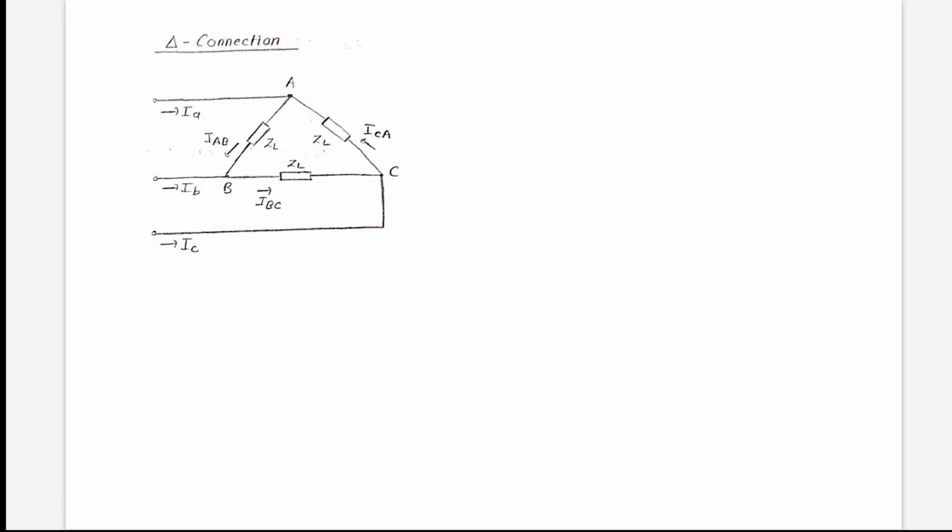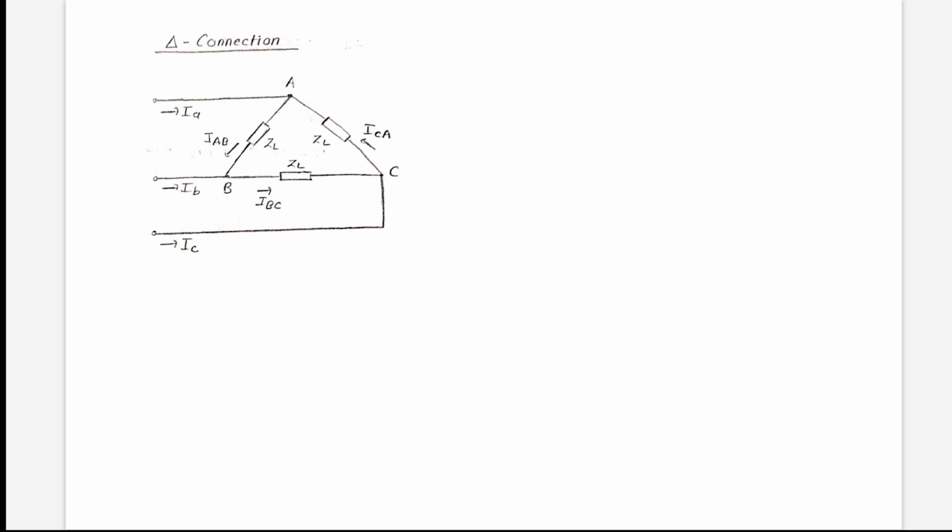Hello everyone. In this video we are going to talk about three-phase circuits, delta-Y connection. As you can see in this figure, our load is in delta form, and we have a current IA going.